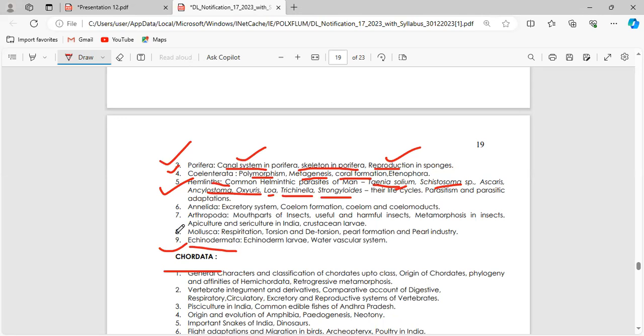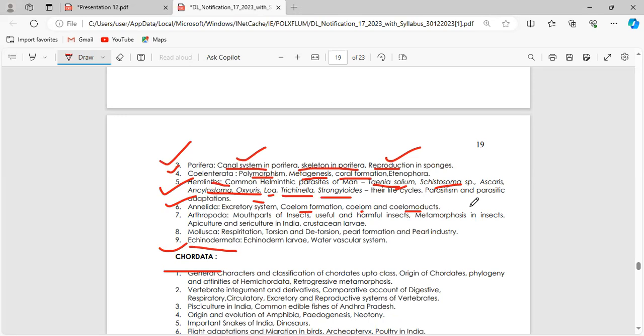And annelids. In Annelida, they have given excretory system, coelom formation, coelom and coelomoducts. There are different classes, different orders, different families placed under the annelids. Every organism will use a different excretory system like nephridia, nephrostome, and nephridiopore.